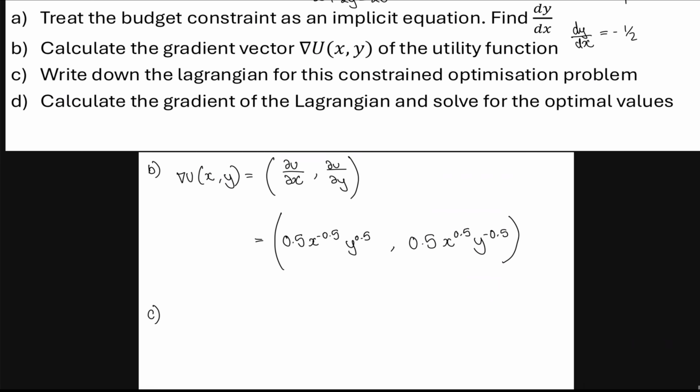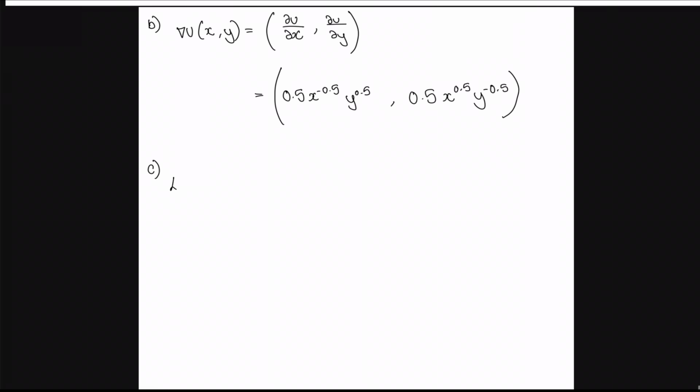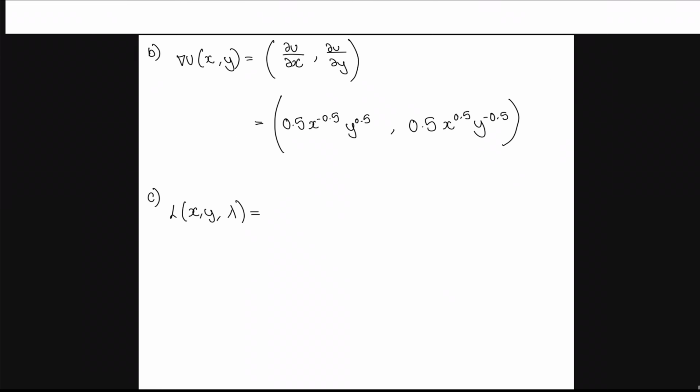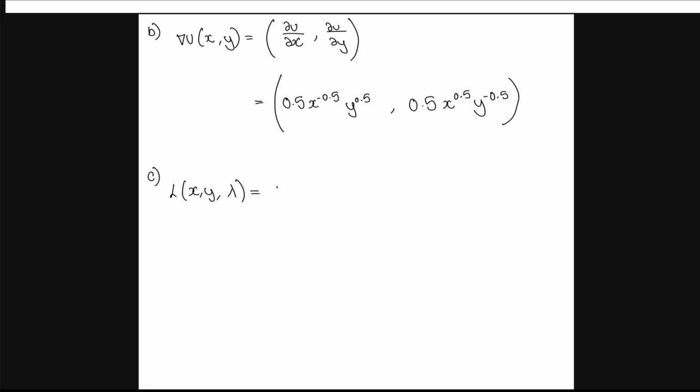Part C is now asking us to write down the Lagrangian for this constrained optimization problem. I haven't yet gone through this in our videos, but I will do it anyway. So the Lagrangian has the form of the function that we want to maximize and then plus lambda times the constraint, which in a general form I will write as g of x, y.